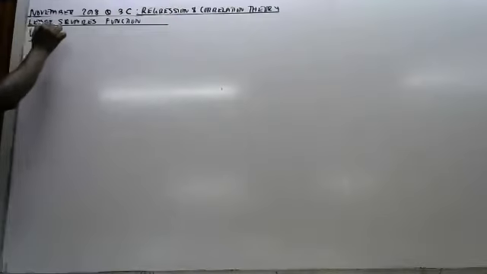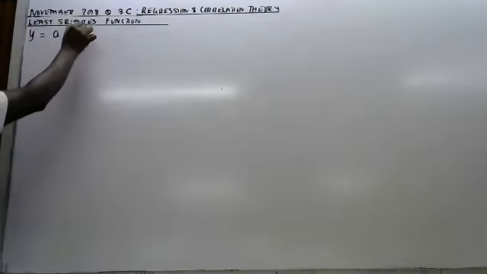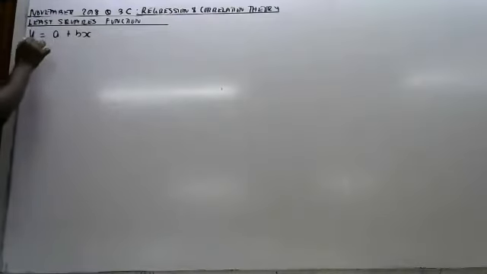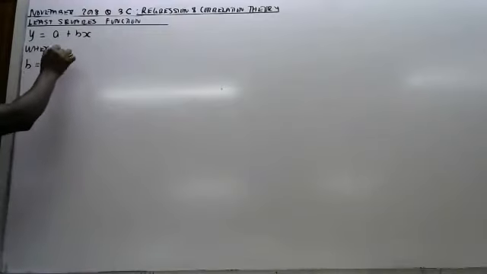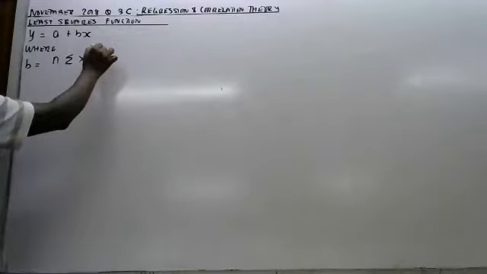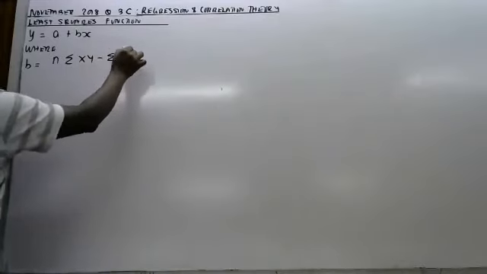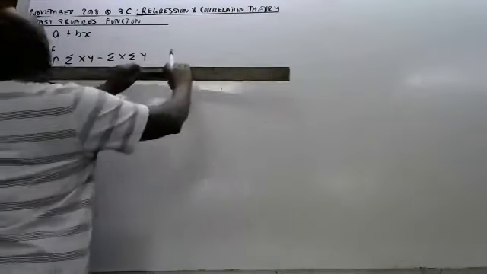Now the format is y is equals to a plus bx, where b, we have been saying it is n sum of xy minus sum of x, sum of y.